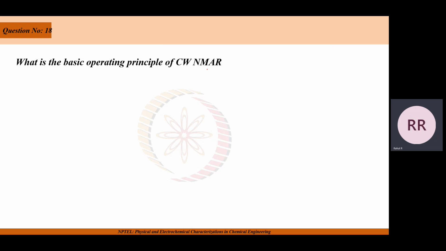It's actually CW, continuous wave NMR. So what is the basic principle of this CWNMR? I can give you a few seconds for you to think about the answer.